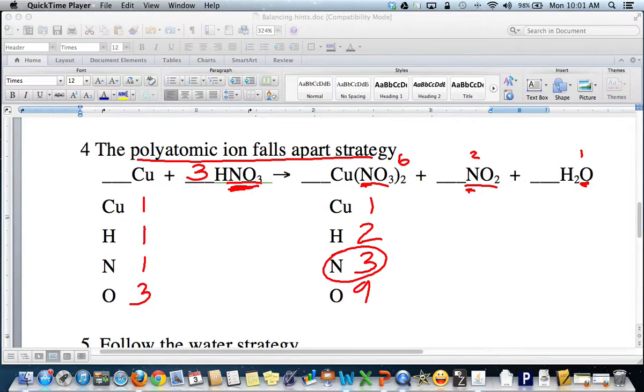Now, remember this formula and this formula. Oh, I did that wrong.